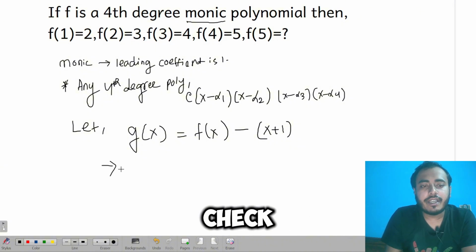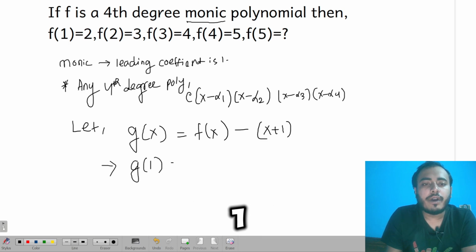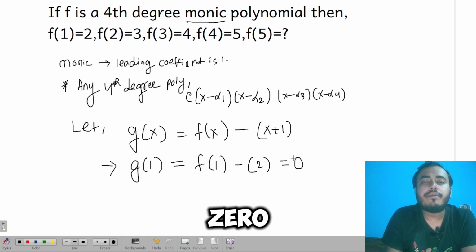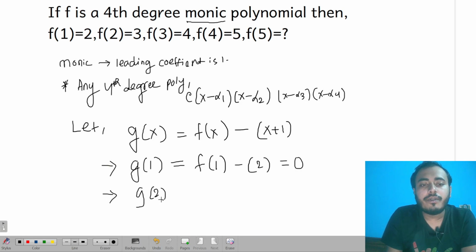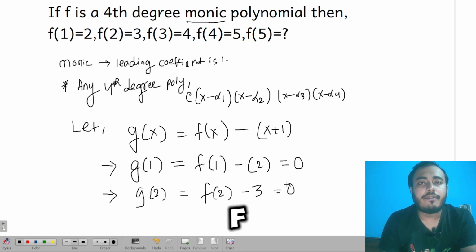So let us check g of 1. If I put x equals 1, it would be f of 1 minus 2, which is nothing but 0. In a similar way, if you check g of 2, this should be f of 2 minus 3, which is 0. So f of 3 and f of 4 you can check similarly. g of 3 and g of 4 are going to be 0.